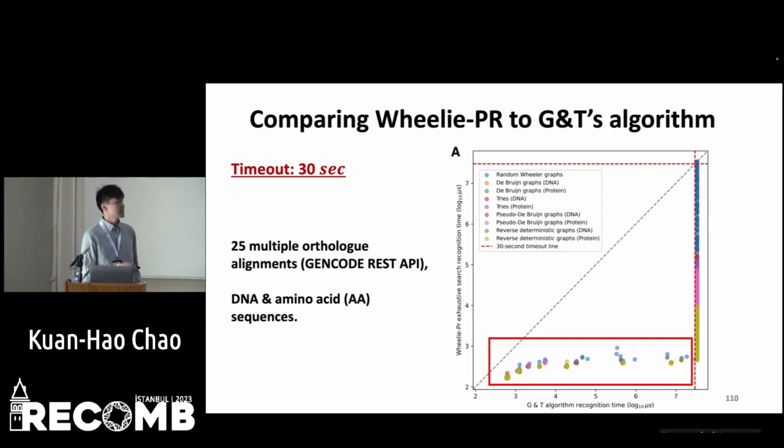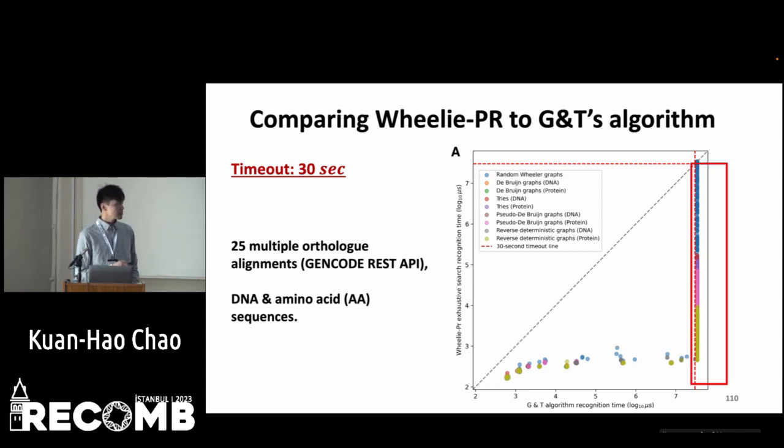So let's look at the first group of the dots. For these dots, we can see that Wheelie PR can solve all of them in a pretty short amount of time, basically just between 100 to 1,000 microseconds. And for GNT's algorithm, it takes quite a long time, all the way to 30 seconds. So this node, for example.